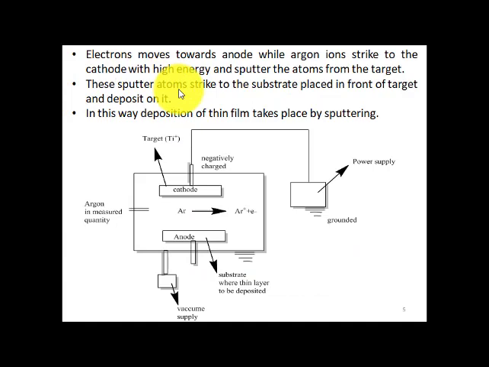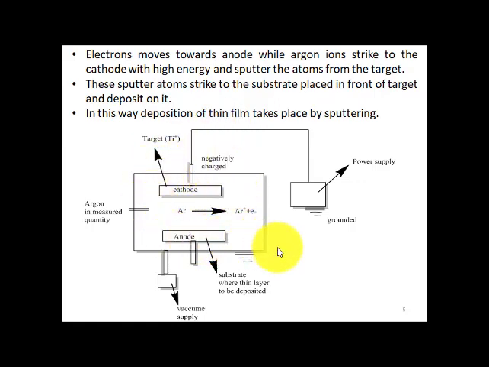The electrons move towards the anode, which is positively charged, while the argon ions strike the cathode source or target material with high energy and sputter atoms from the target. These sputtered atoms strike the substrate placed in front of the target and deposit on it. In this way, the deposition of thin film takes place by sputtering.